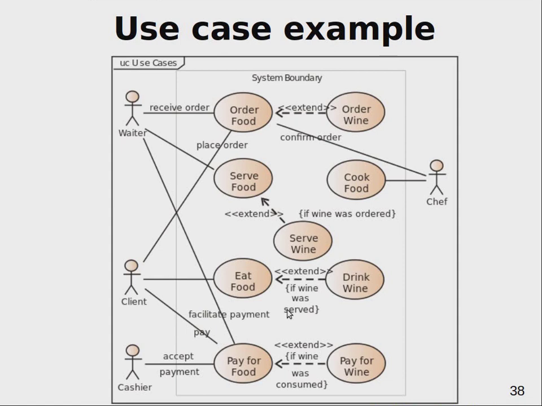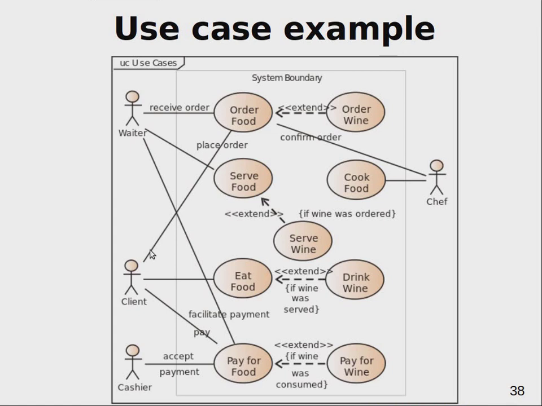Everything inside the boundary is your system, everything outside this boundary is actors, and if your system interacts with another informative system, it's also an actor. So an actor is everybody who uses your system, and if it's an external system, it's still considered an actor in terms of use case diagrams.